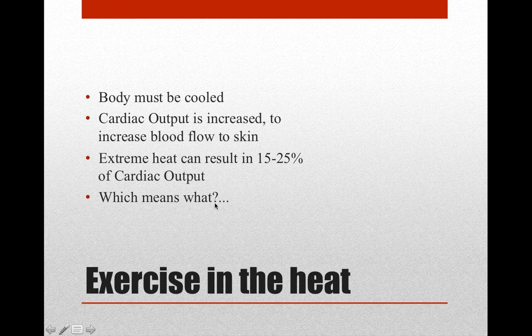So if we're taking a quarter of our cardiac output and pumping it to the skin, so in other words, we're taking a quarter of the blood available to us, a quarter of the blood that can carry oxygen to the working muscles, we're taking a quarter of that and pumping it out to the skin so that it can be cooled down. What does that mean? Well, it means our body is only able to operate at up to 85 or 75% of its actual cardiac output.